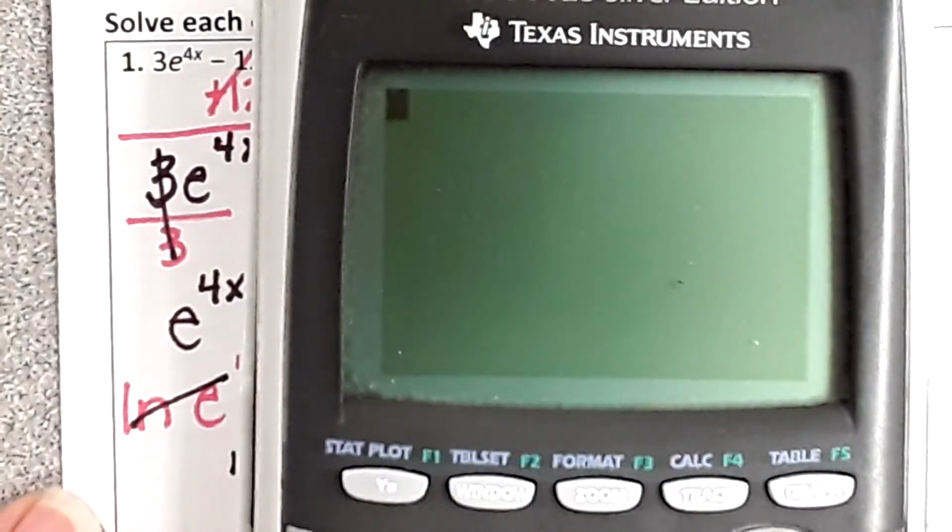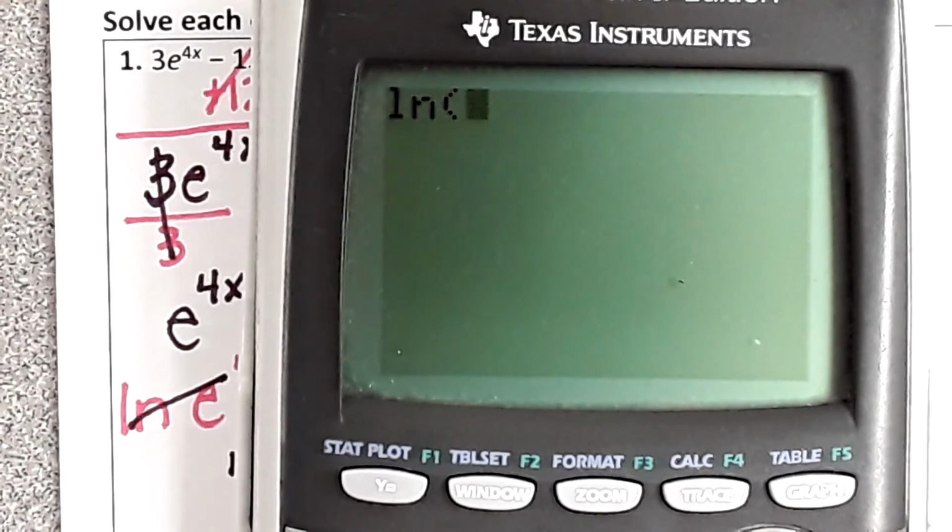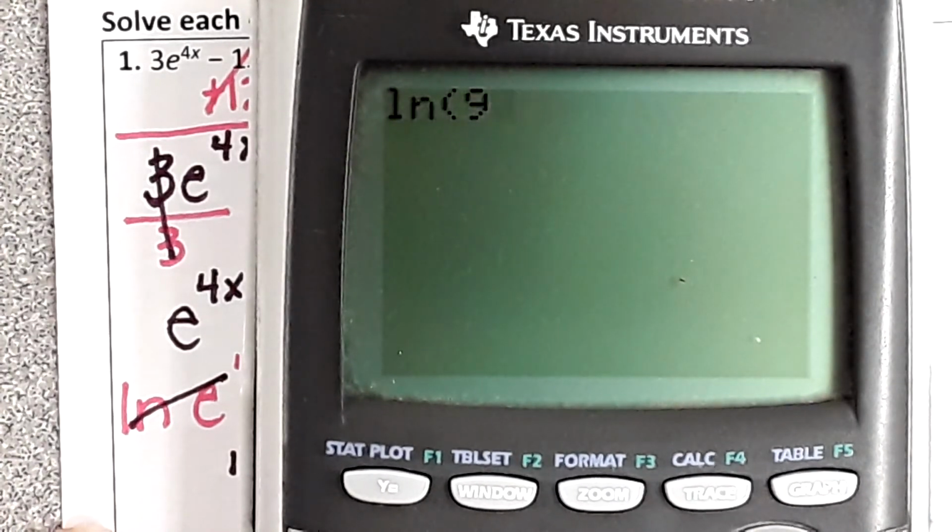On this other calculator, you're going to type in ln, then 9, close your parentheses, and then divide by 4.